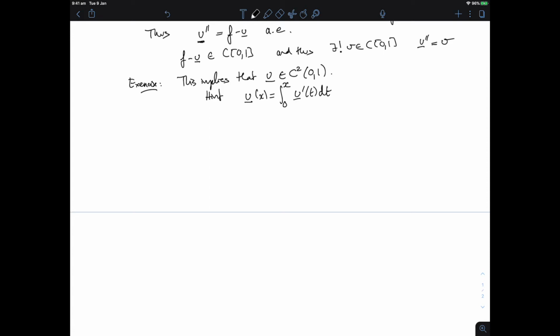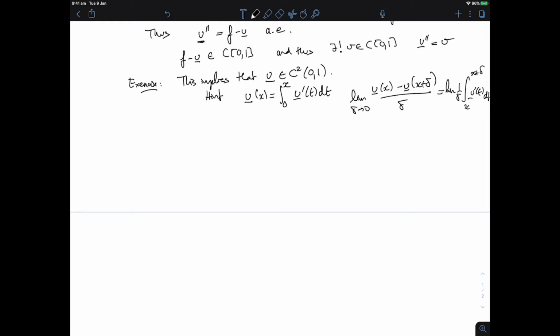And then even if your u bar is only an element of L2, you're going to be able to compute the derivatives of u bar in that way. This limit will exist because it's the limit of 1 upon delta times the integral from x to x plus delta of something integrable, namely u bar prime t dt, understood in the weak sense.